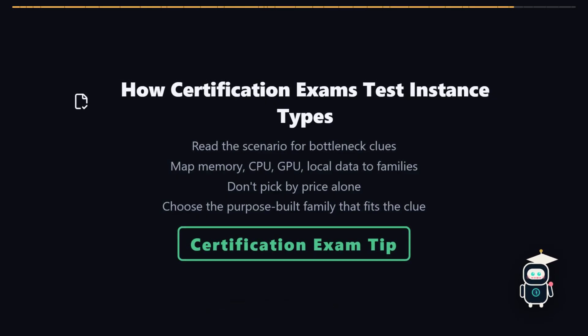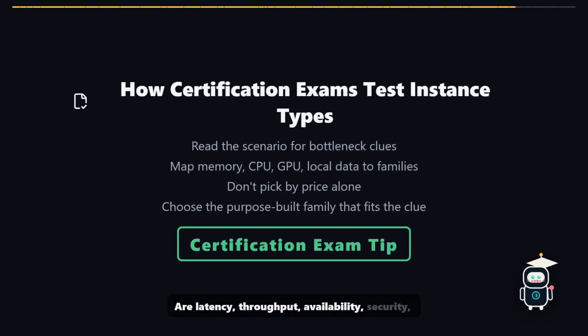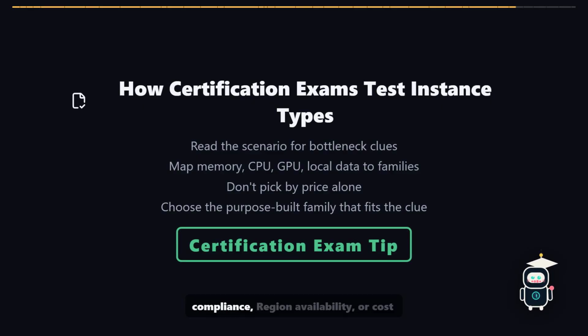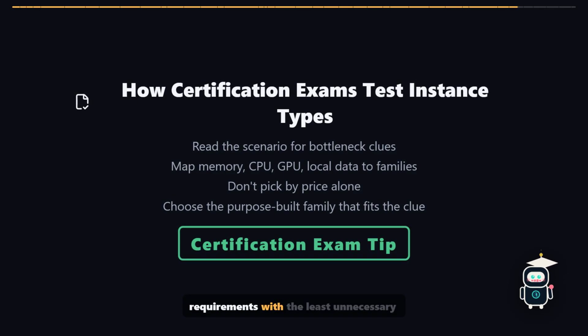Is it a single server, a distributed cluster, or a managed service use case? Are latency, throughput, availability, security, compliance, region availability, or cost constraints included? Then choose the option that satisfies the stated requirements with the least unnecessary complexity.